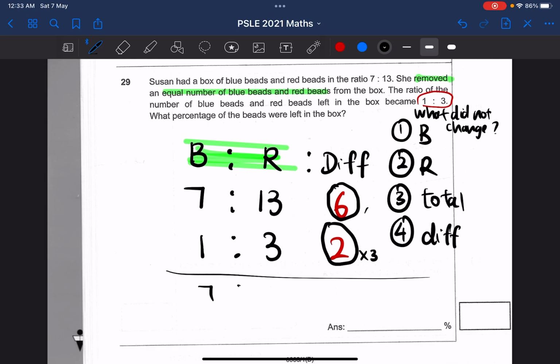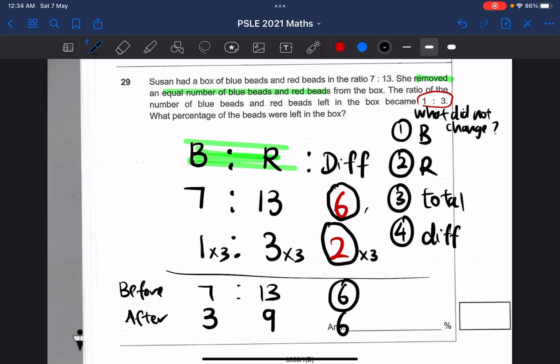So we are going to keep the first one as it is, no change, a 6. But the second one, we are going to change it all by multiplying by 3. 6, 9, and this is 3. There you have the new before and you have the after already. So this is the proper ratio where the difference don't change. Do you remember this method? Okay, so the difference don't change.